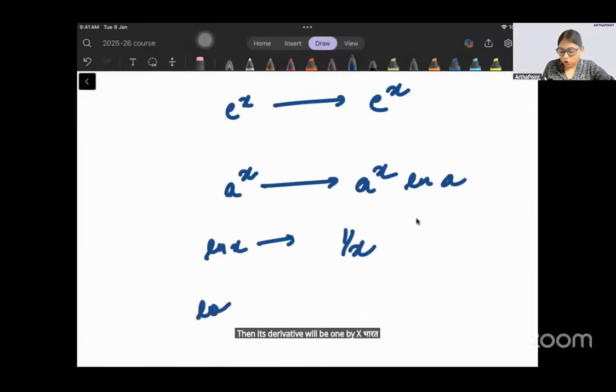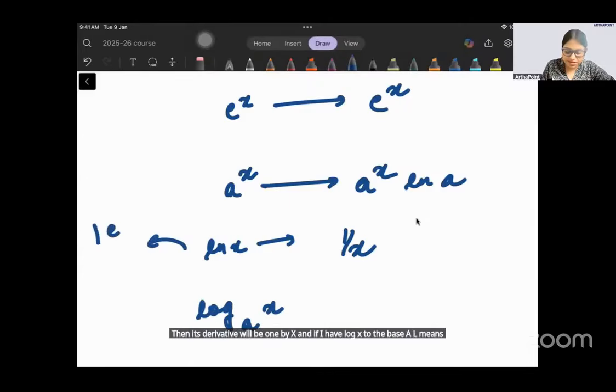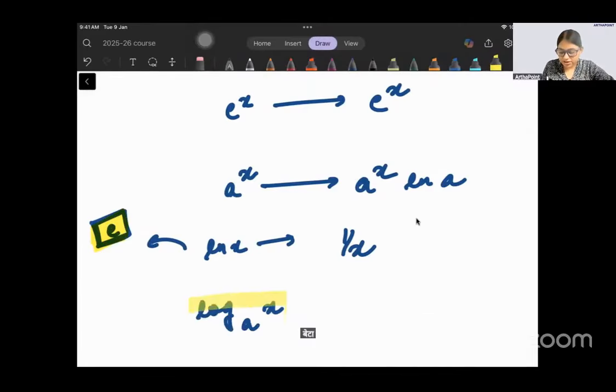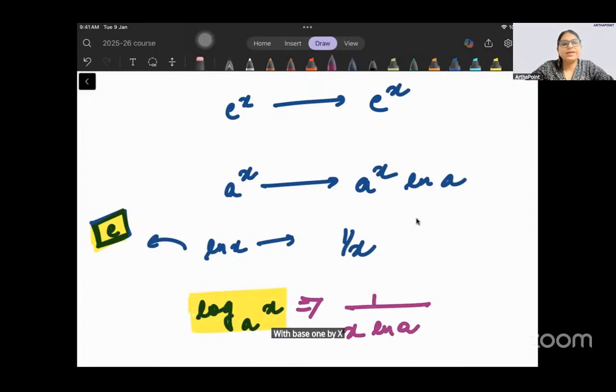And if I have log x to the base a, ln means its base is e. But if I have log x with base a, then this will be 1 by x ln a, right? So these are some of the derivatives that you should know.